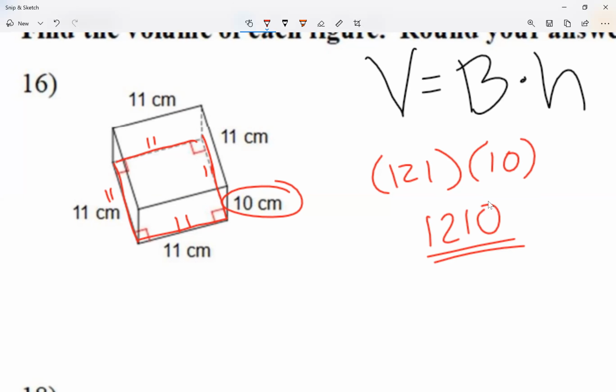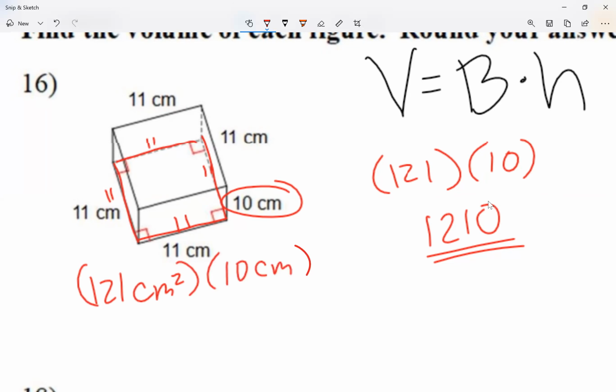Now, for future reference, in my case, I just care really about the number. That's really all I care about. But for future reference, the area of the base technically was 121 centimeters squared because you multiply centimeters times centimeters. So that's how you got centimeters squared. The height in reality was 10 centimeters.